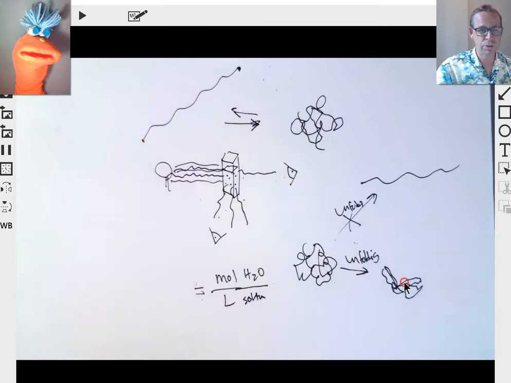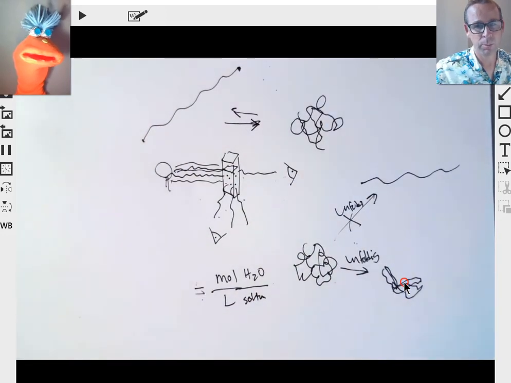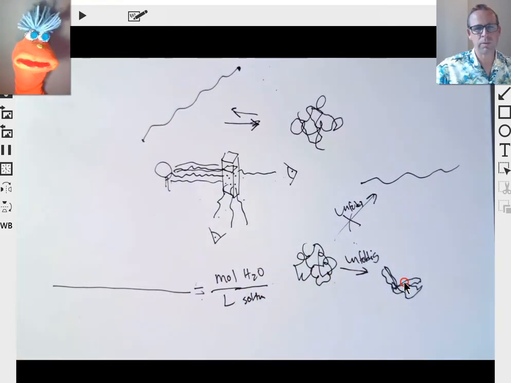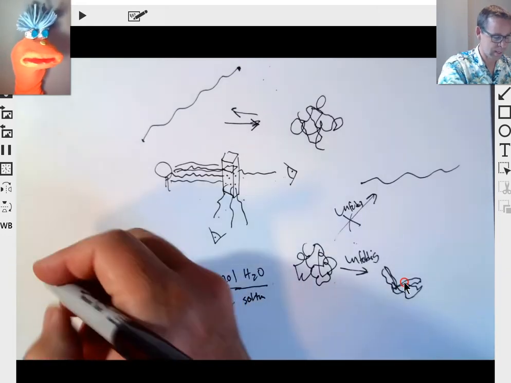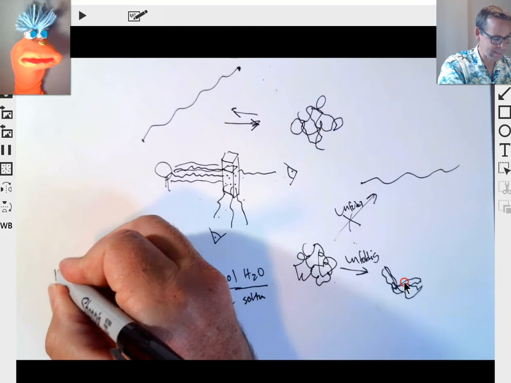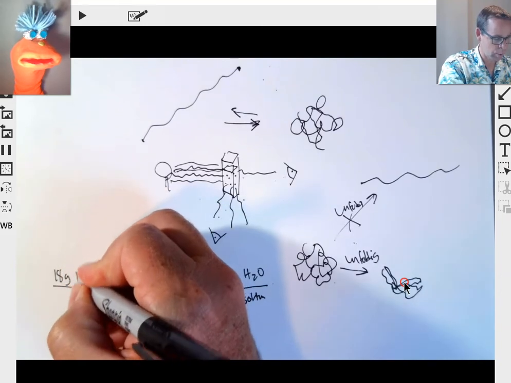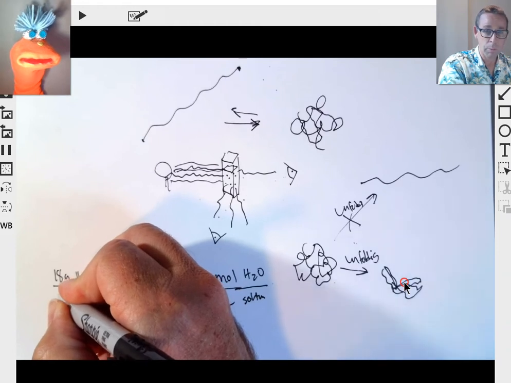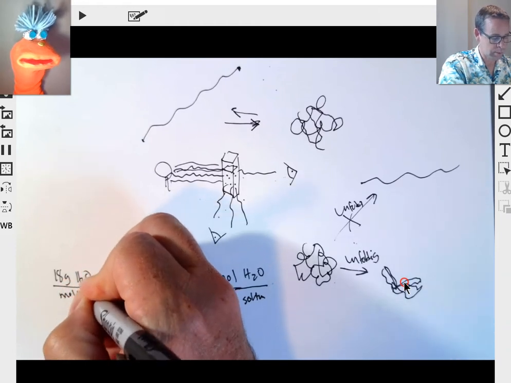It's not really a solution now because it's just all water, but we can still calculate the molarity. Okay. You know what we can start with to solve that problem? I guess I don't. Well, we can say that we know there are 18 grams of water for every mole of water. Is that right?